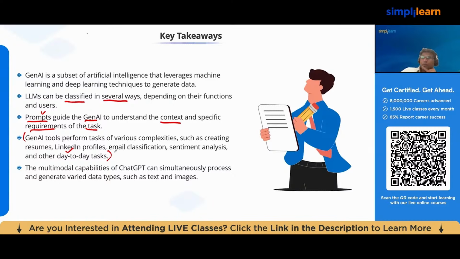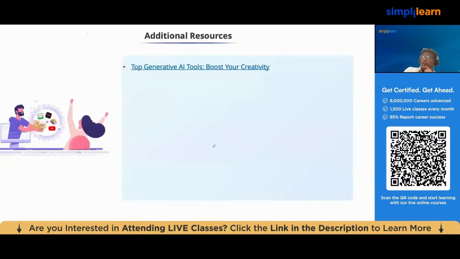Then the multimodal capabilities: images, videos, or text can be processed simultaneously, generating various types of data such as text and images. So these were the key takeaways.